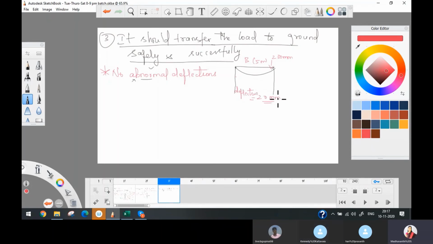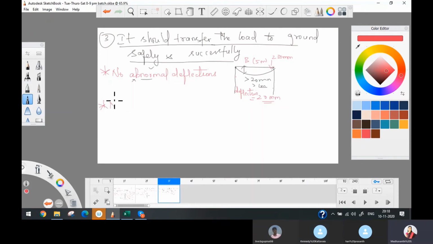If the beam deflects more than 20 mm, or supposing it deflects up to 1 meter, this is very abnormal, right? This abnormal deflection should not happen. If this happens, then we can easily say that the load is not properly transferred to the ground. The permissible limits of normal deflections are given in the code. So you have to maintain the permissible deflection according to the code, right?